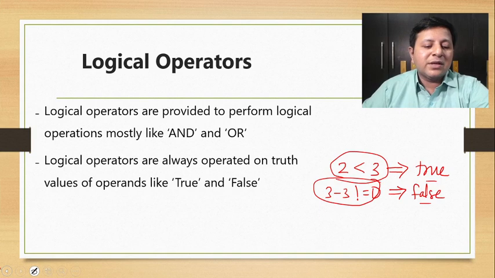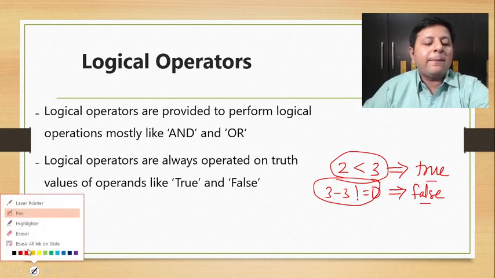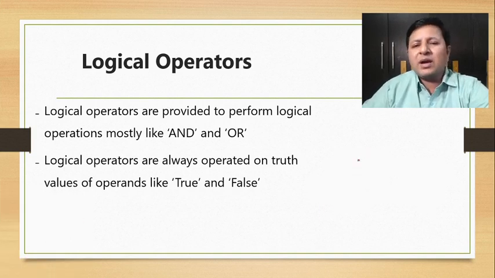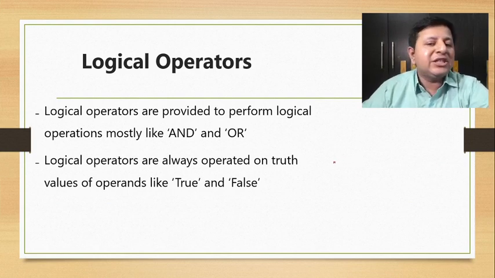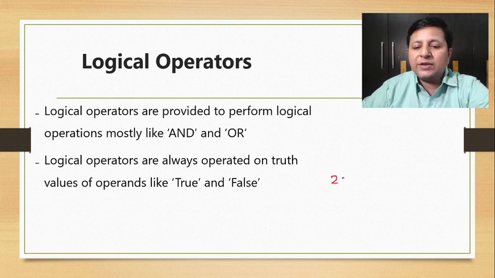Now the weird part of this is, suppose by mistake someone applies the logical operators on integers. It's something like this, 25 and let's say 10.